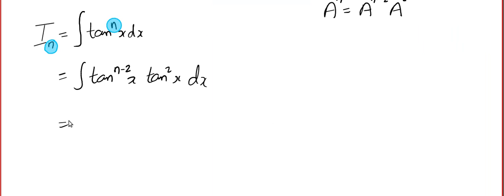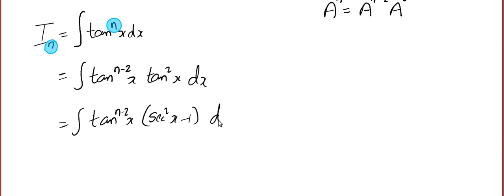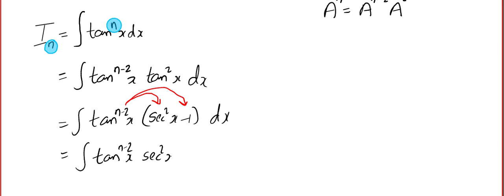And I know that tan square x is nothing but sec square x minus 1, isn't it? And now we have to apply distributive property and open the bracket. So we get integral tan to the power n minus 2 x into sec square x minus tan to the power n minus 2 x.